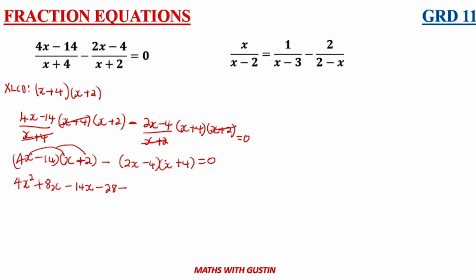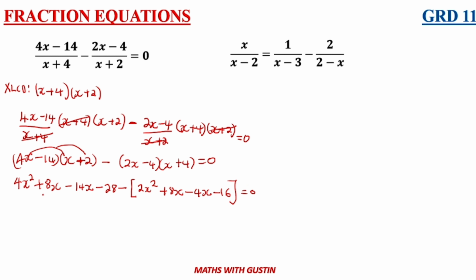Don't forget, you need to multiply everything by a negative. So I'm going to put everything in the bracket here. 2x times x is going to give us 2x squared. 2x times 4 is going to give us plus 8x. All right, and then negative 4 times x is going to be negative 4x. Therefore, negative 4 times 4 is going to be negative 16, 16 rather.